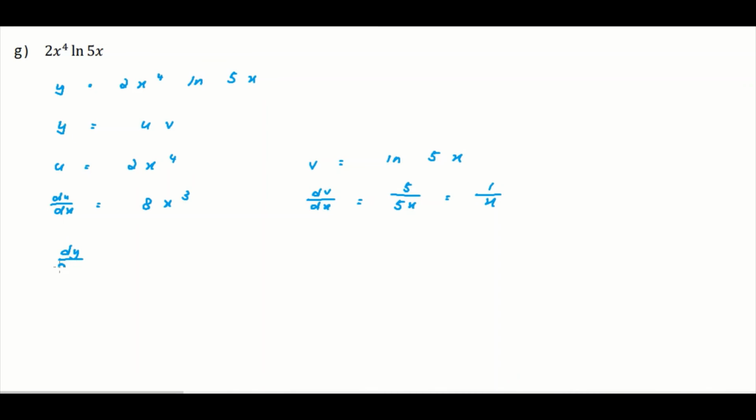So dy/dx will equal u dv/dx plus v du/dx. So u is 2x to the power of 4, dv/dx is 1 over x, plus v, and also du/dx. So make sure that you are putting your brackets correctly.